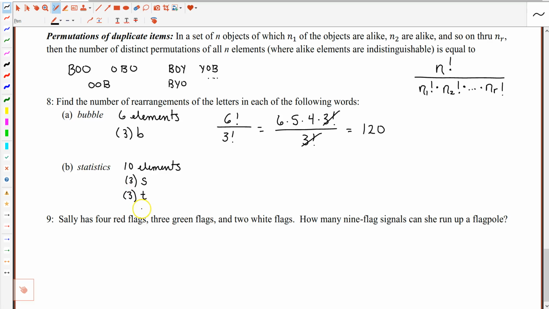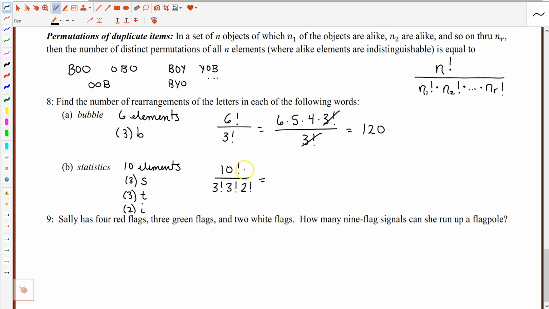And an I that is repeated twice. And that's it. Upstairs I will have 10 factorial. Downstairs will be the counts for how many times each was repeated and then a factorial: 3 factorial for the S, 3 factorial for the T, and 2 factorial for the I.